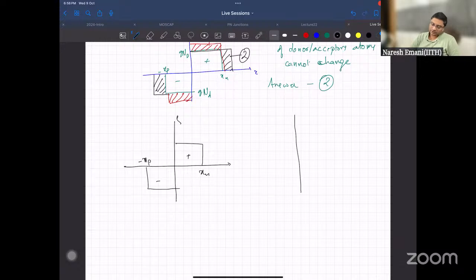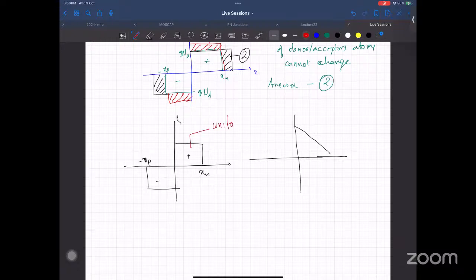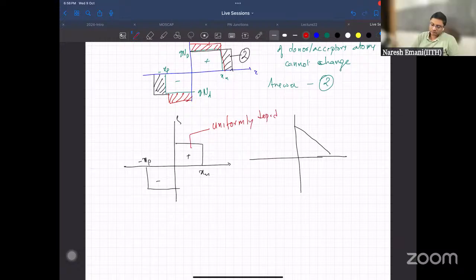Can the field be like this? First of all, these are uniformly doped semiconductors, right? So you can actually compute the field.